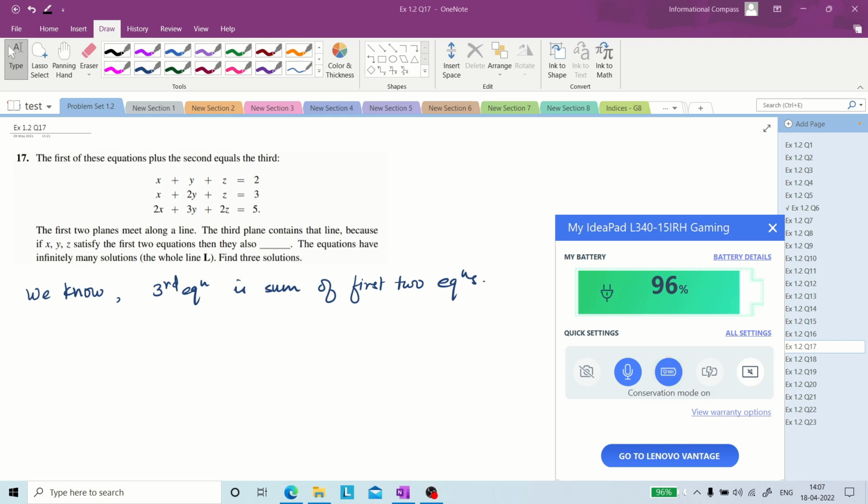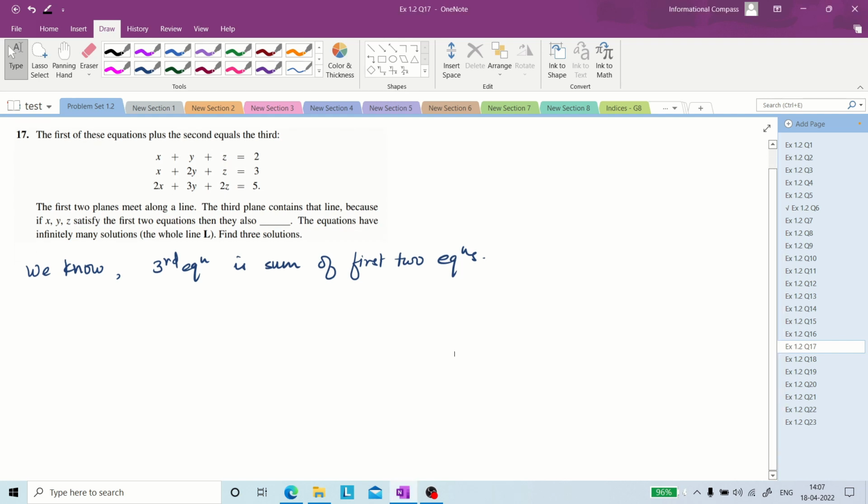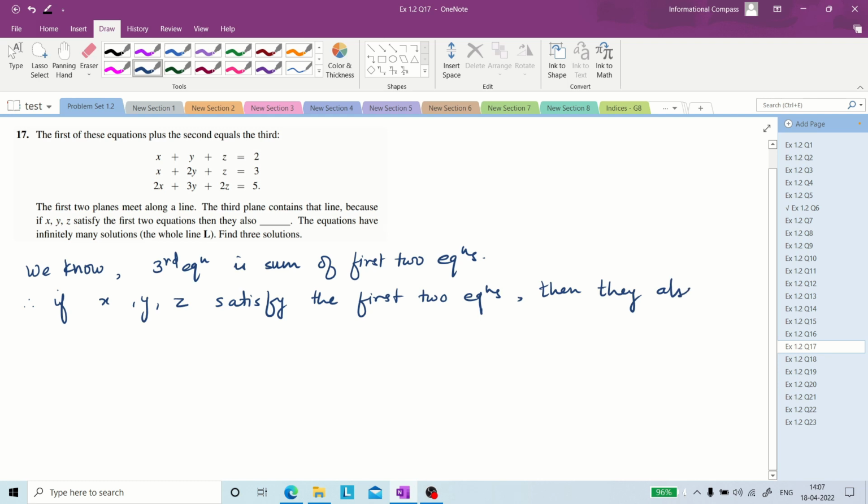So therefore, if x, y, z satisfy the first two equations, then they also satisfy the third equation, right? They also satisfy the third.